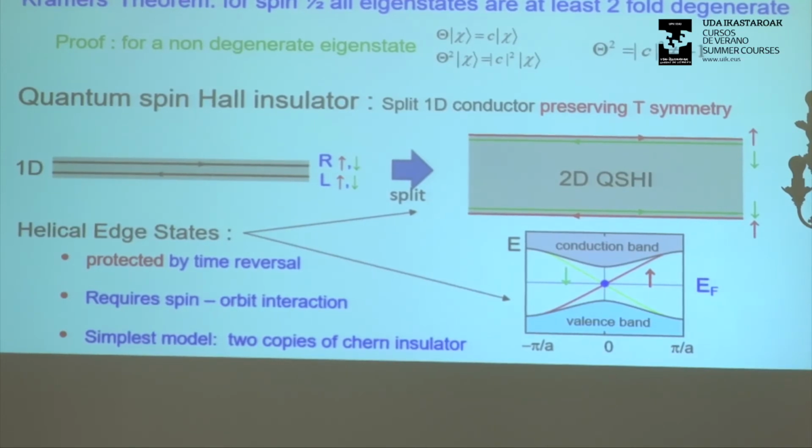Because under time reversal, the right movers turn into left movers, but the upspins turn into downspins. Okay, and so this stays the same. Okay, and so what that suggests is it should be possible to have some topological phase that has these helical edge states. Okay, and so that's what the quantum spin Hall effect is.